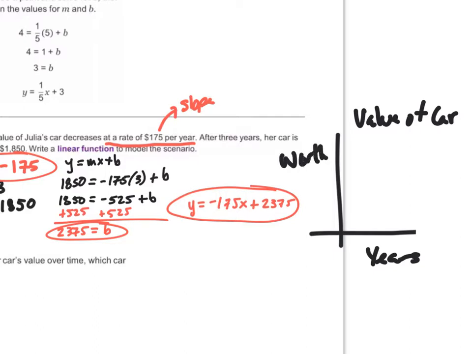How much is the car worth? That's how I figured that out, because my slope, the change in y over the change in x, was negative $175 per year. So your y value was cost over year.